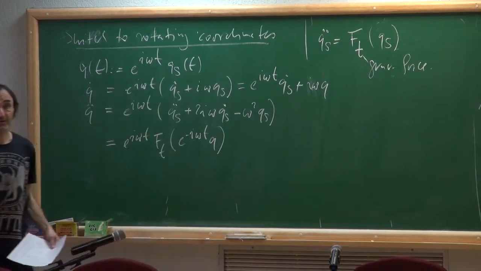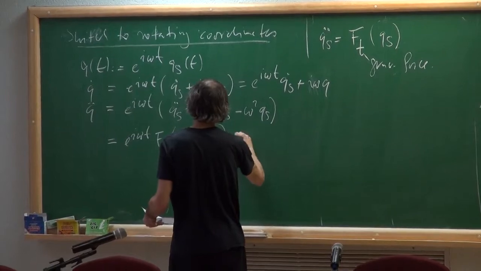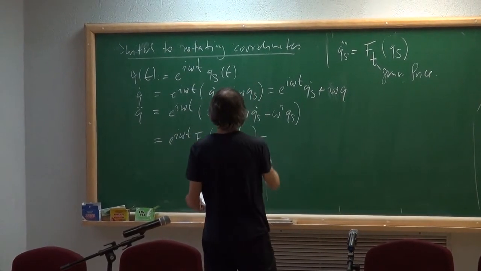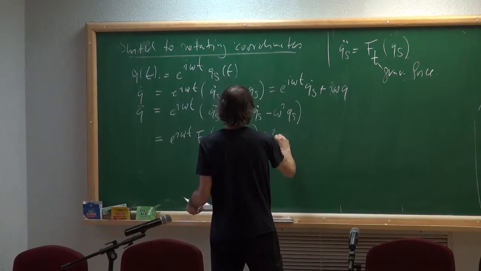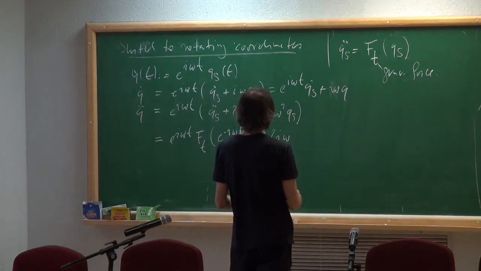So this is how the force will transform. And then we have two additional forces, namely the first one is plus 2i omega qs dot.